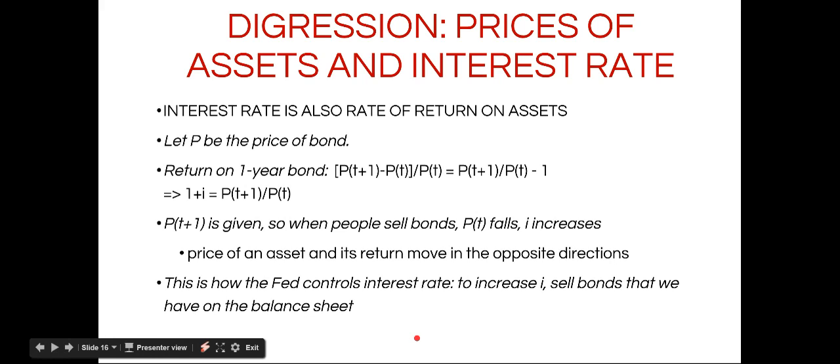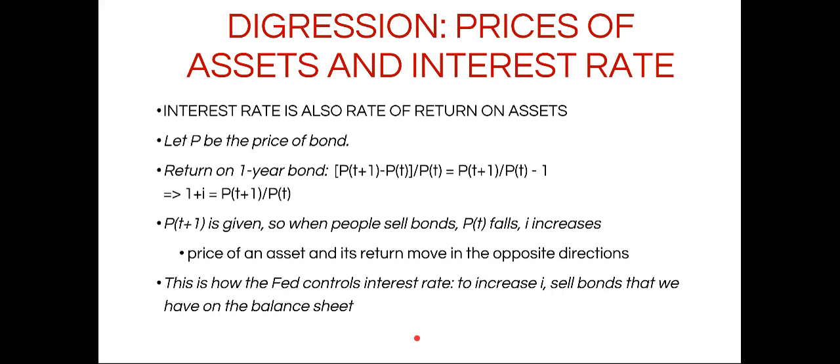So one thing I wanted to discuss a little bit, which I think will help you understand open market operations, is how return on assets, price of assets, and the interest rate are related. The Fed, for example, is announcing the target interest rate, but it's really achieving this interest rate by buying and selling US treasuries and by providing overnight credit to the primary dealers in the federal funds market. But let's just think in terms of bonds.